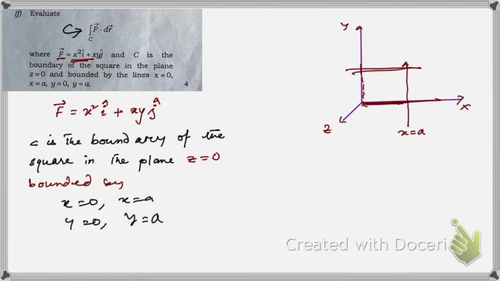Then y equal to 0 is the equation of the x-axis, and y equal to a is this line. This is the square bounded by C.